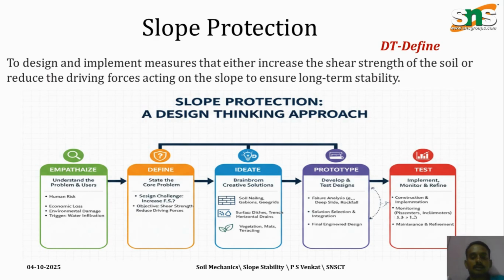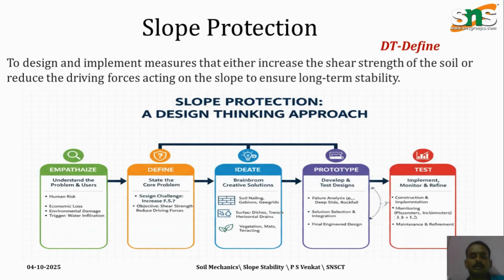Empathize: we have to find out various effects which are causing hazards to humans in terms of loss of life, economic loss, environmental damage, etc. Next, we have to define the problem, that is improper stability, decreased strength of the soil and instability of the soil. What are all the steps we are going to adopt in order to improve these conditions?